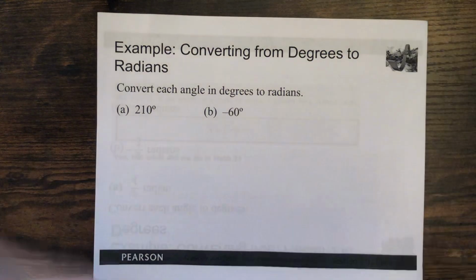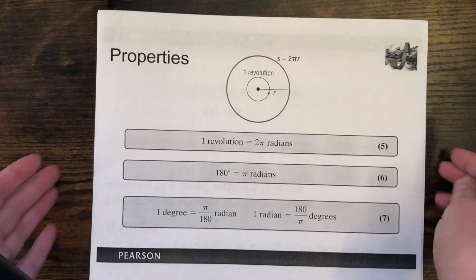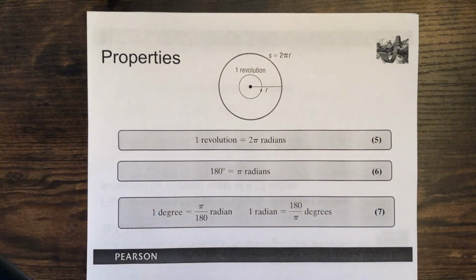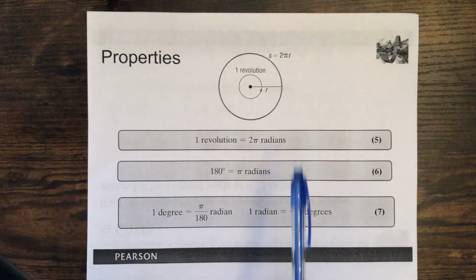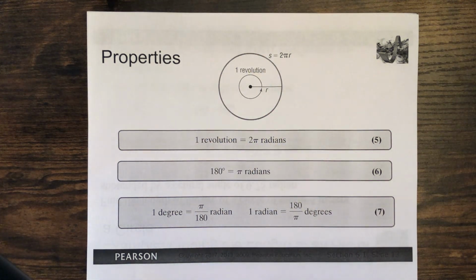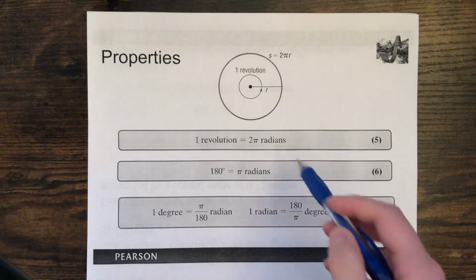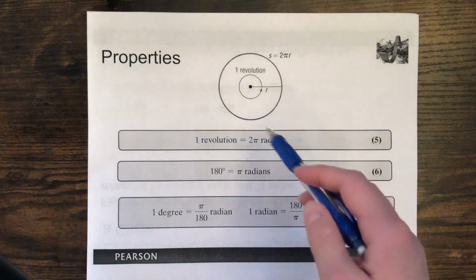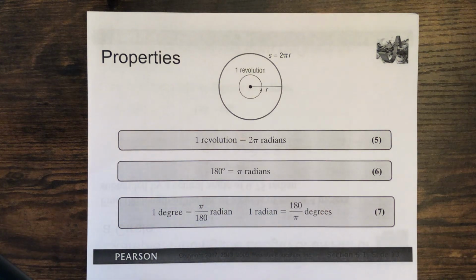All right. Speaking of that, this should be something that seems very familiar to you. We understand that one revolution around a circle we know to be 360 degrees. We also know that to be 2 pi radians. So we understand 360 degrees and 2 pi radians are the same thing.